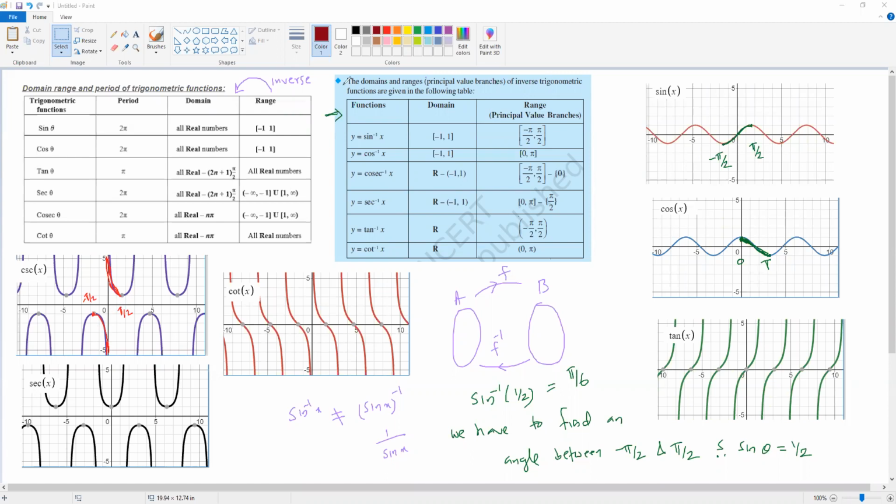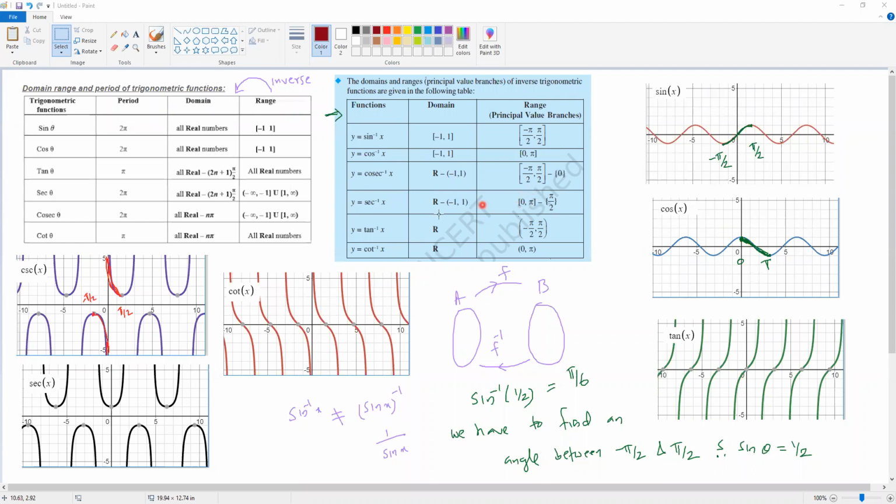But you can see that the function is not defined at 0, because sine 0 is 0, so cosecant is not defined. Whenever you want to find cosecant inverse x, you want to find the angle between negative 90 and 90 degree, provided except 0. 0 is avoided. That is the principal value branch.